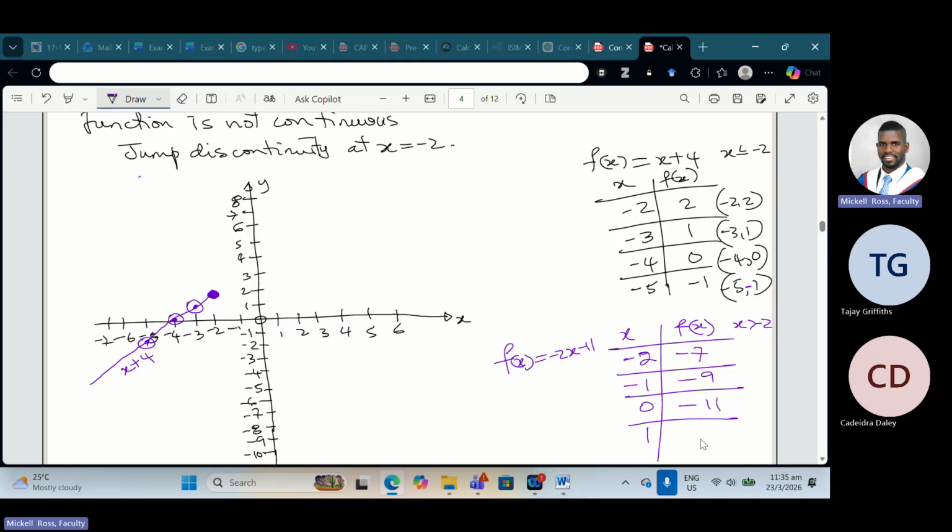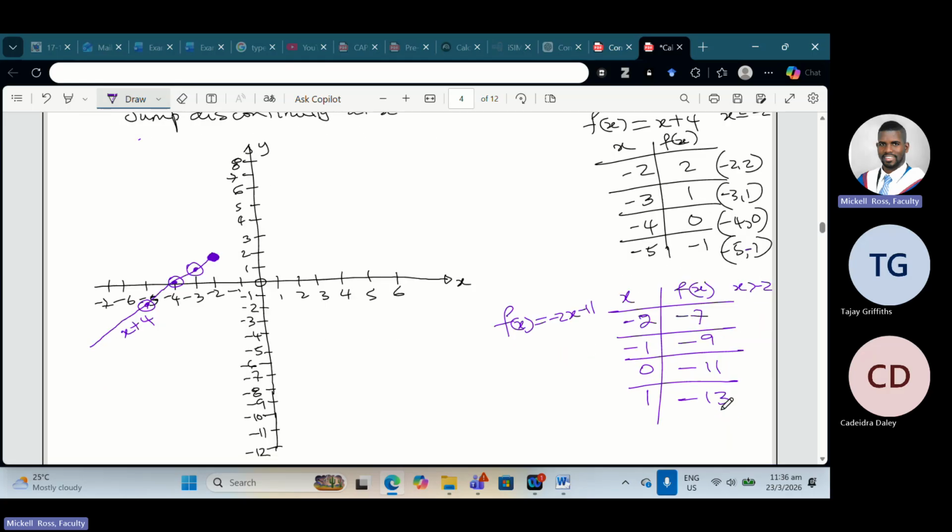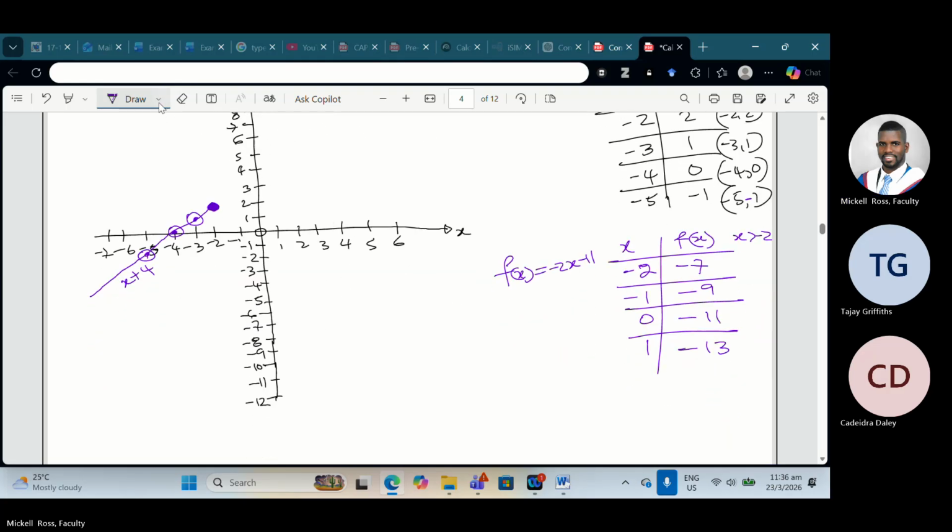When x is 1, we're going to get negative 13. All right, can't use all of them. So the points are negative 2, negative 7; negative 1, negative 9; 0, negative 11; 1, negative 13.